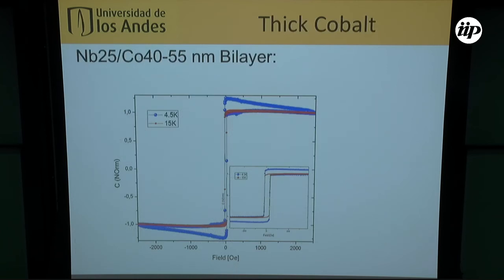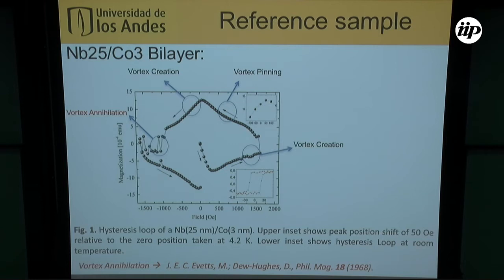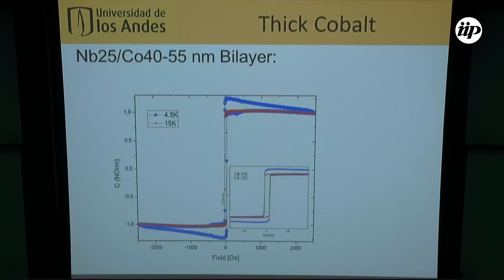So, what happens when you have magnetization measurements of a bilayer structure now with thick cobalt? Here you have a 40 to 55 nanometer bilayer, and you do two measurements, one above TC, which is the one in red, and one below TC, which is the one in blue.